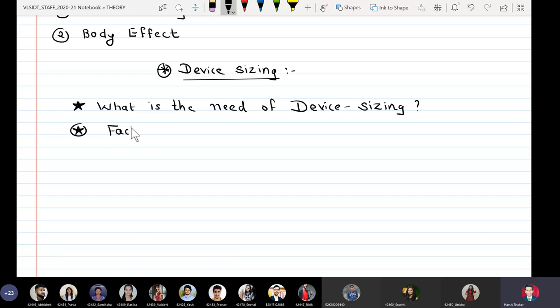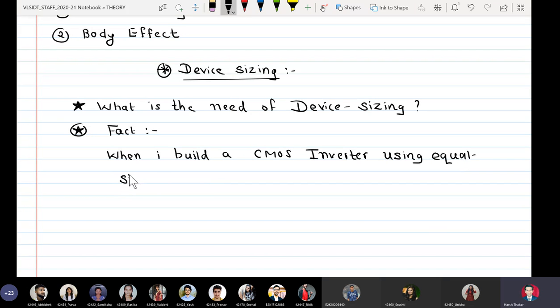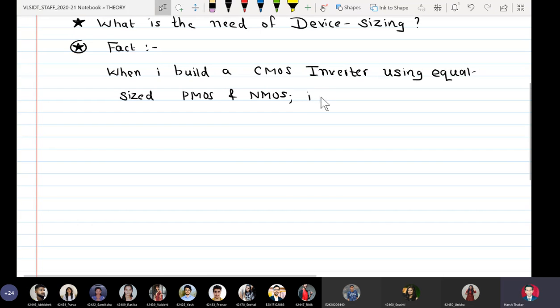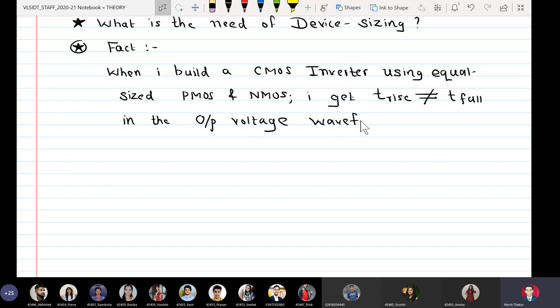The fact is, when I build a CMOS inverter using equal sized PMOS and NMOS, I get T rise not equal to T fall in the output voltage waveform.